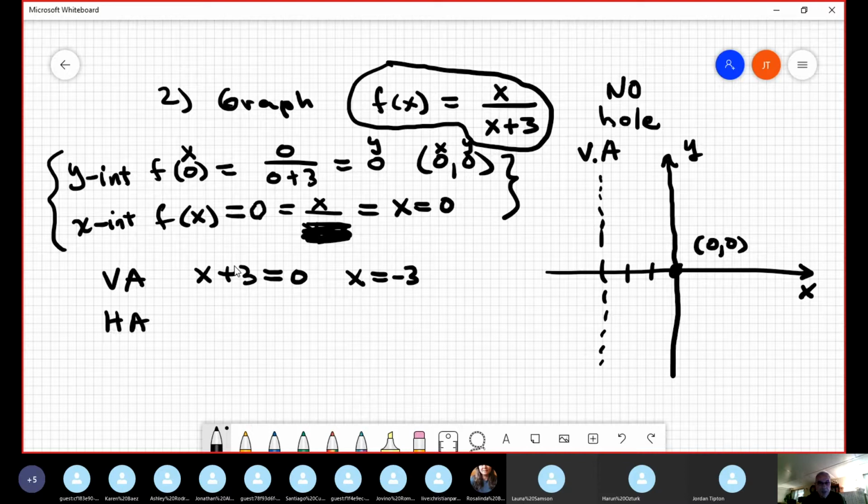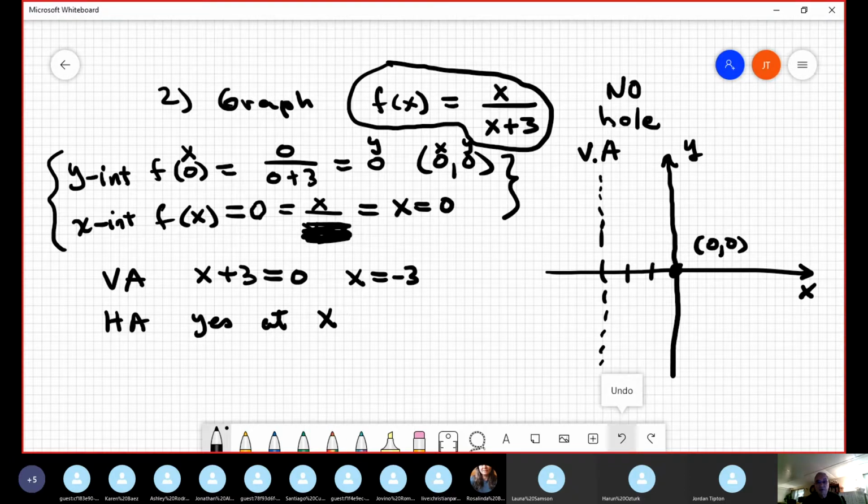What about the horizontal asymptote? Do we have one or not? Remember, horizontal is the analysis of the degree. You compare the degree at the top and the degree at the bottom. It's the same degree, right? The degree of the top is 1, the degree of the bottom is 1. So when you have the same degree, yes, we have one, at y equals 1.